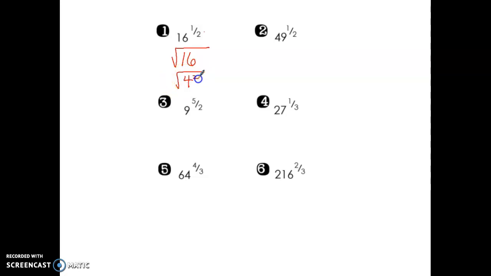It is 4 squared, and if you multiply that by the 1/2, I'm just going to rewrite it in exponential form, right? A power raised to a power, you multiply. Well, 2 times 1/2 is going to be 1, so it's 4 to the power of 1. A half is taking a square root, so I'll let you do example 2 by yourself.